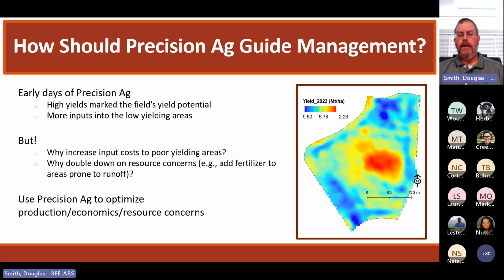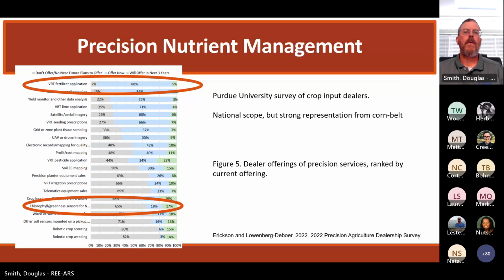So we've gone into precision ag with an interest in optimizing production, as well as economics and resource concerns. Taken some information from Purdue University, where they've done a survey of crop input dealers.